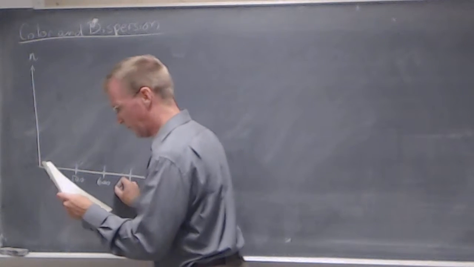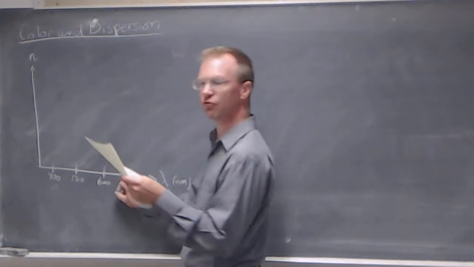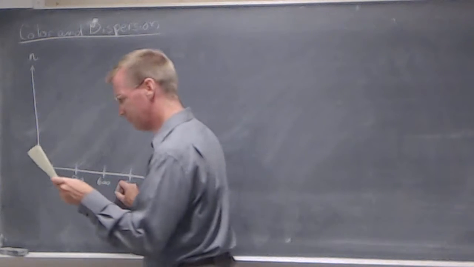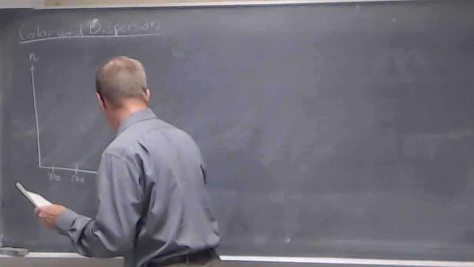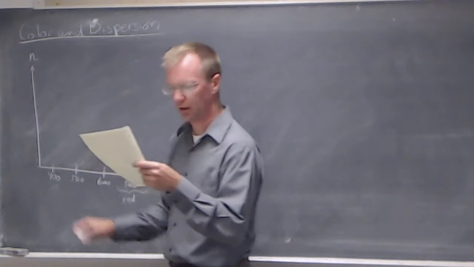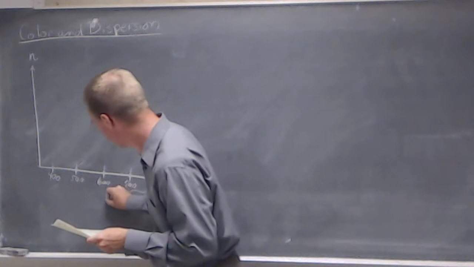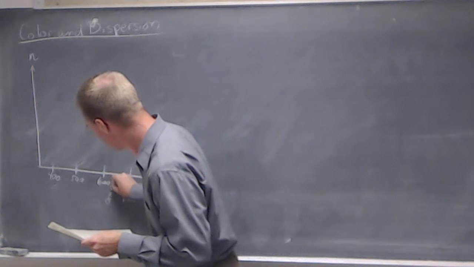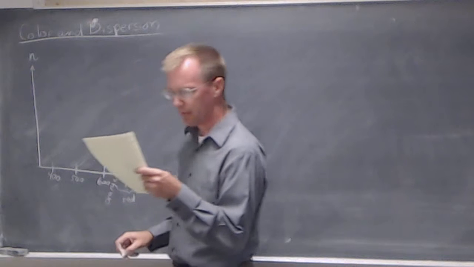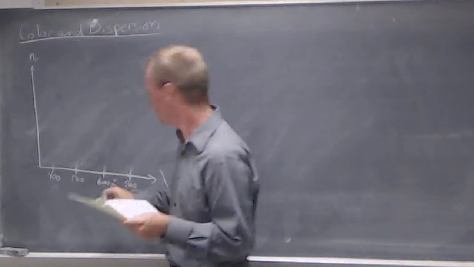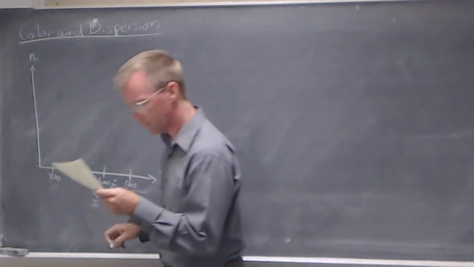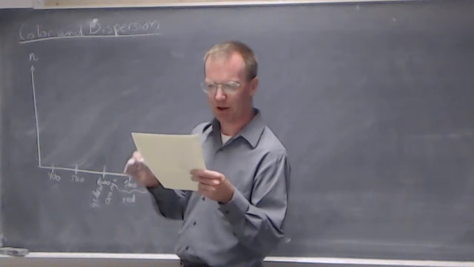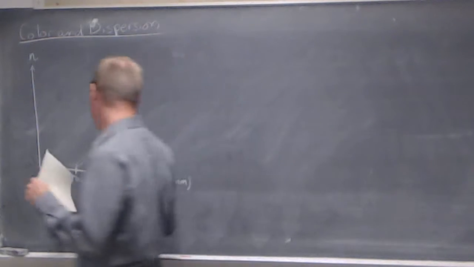So red is from about 650 to 750 nanometers. Orange, you're dealing a little on the long side of 600. Yellow, you're slightly on the short side of 600. Green is from around 500 to 580 nanometers.